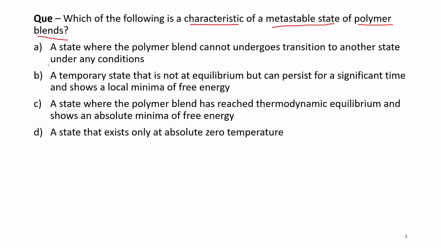So what do you think, which option should be correct? As we have gone through the lecture videos, we have learned about the phase diagram and the different states and stages in the phase diagram. Based on that, can anybody please tell me the answer?